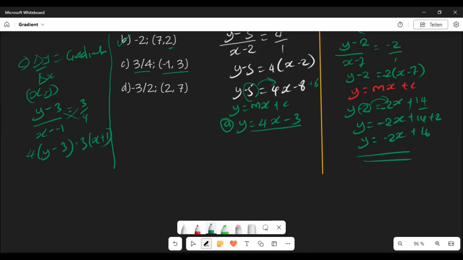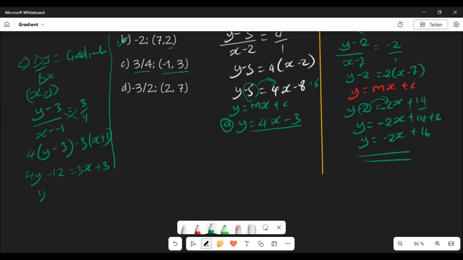With that one done, we have here 4y minus 12 equals 3x plus 3. So easy, we want to bring 12 to the other side and then divide everything by 4. That's going to be the next step.